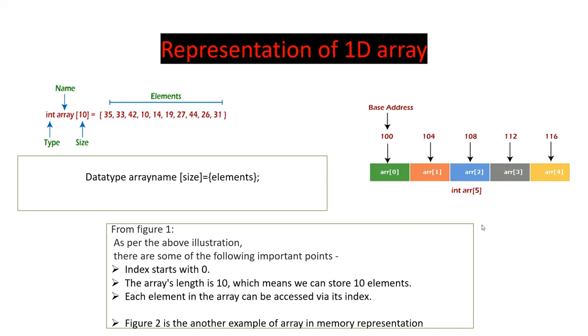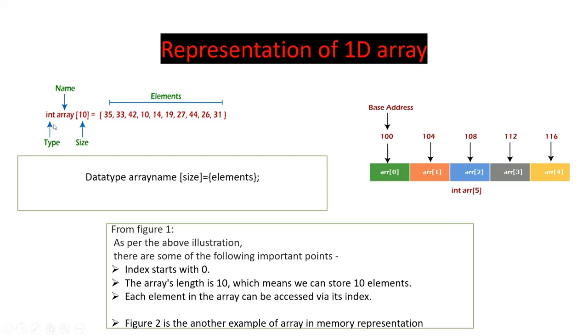Declaration of one dimensional array. The declaration of a one dimensional array is data type, array name and size equal to elements. Consider an example: int array[10] = {35, 33, 42, 10, 11, 19, 27, 44, 26, 31}.